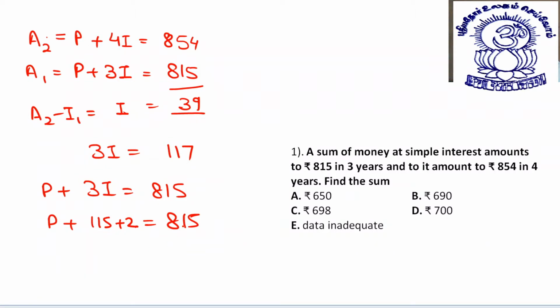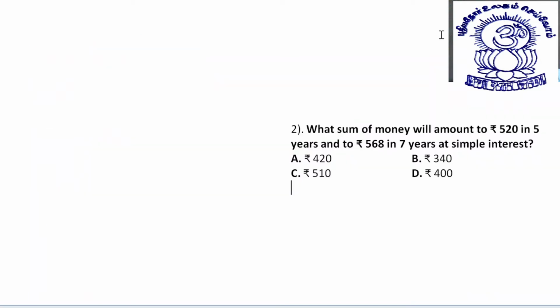So 815 minus 115 is 700, and 700 minus 2 is 698. So P comes out to be 698. That is, option C is the answer. I'm sure it must be clear to all of you. Let's take a few other questions.